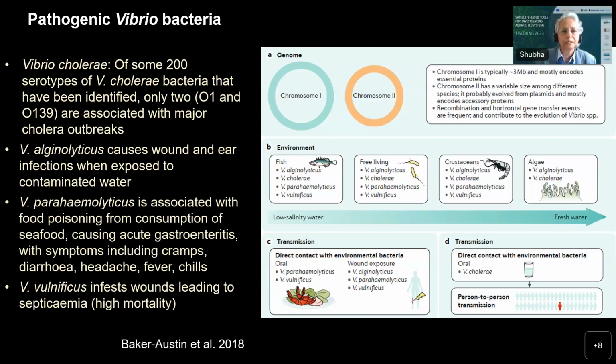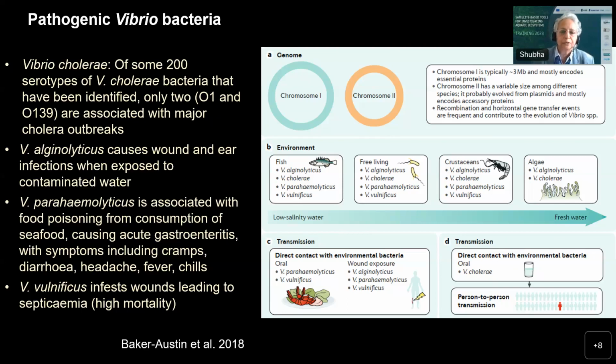Vibrio parahaemolyticus is associated with food poisoning, and Vibrio vulnificus is a deadly one that infects wounds. If you walk through contaminated water with open wounds, and if you are vulnerable, septicemia can follow very quickly, and the mortality rate is very high.